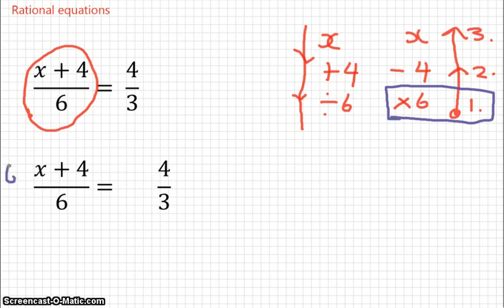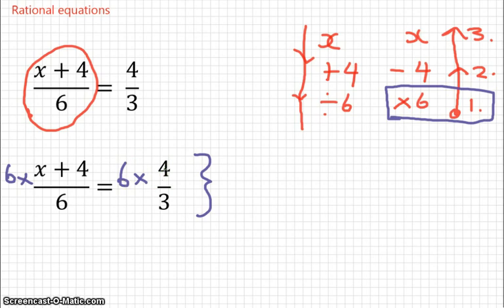Let's go 6 times by this side equals 6 times by this side. At this point, some people get confused with how to times fractions. Now that's a completely different topic, but I will just tell you a quick thing here. When we have a whole number, like 6 times by this fraction of 4/3, we just times the top two numbers together.